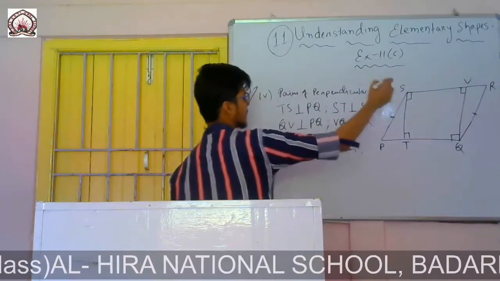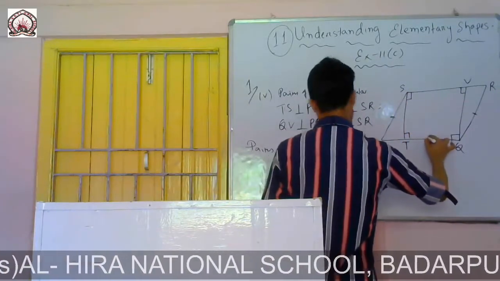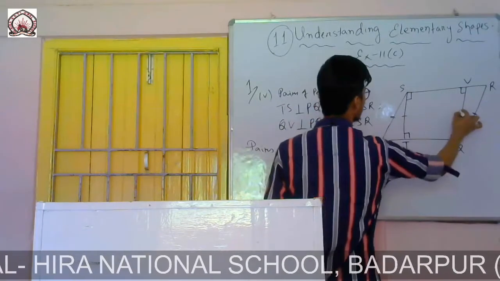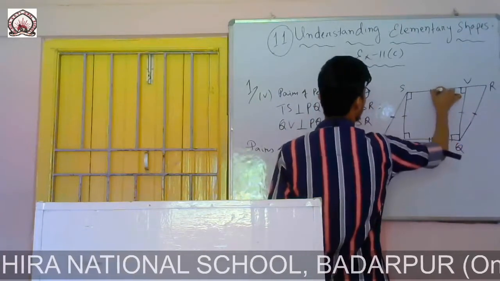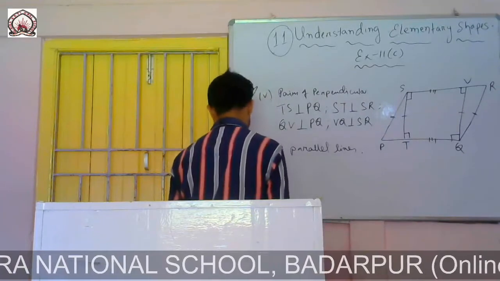You can see there are three pairs of parallel lines. One, this one and this one. Another one, that one and that one. These are the pairs of parallel lines.